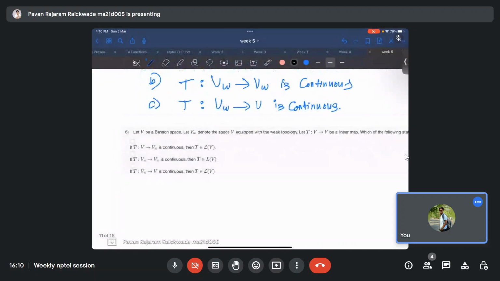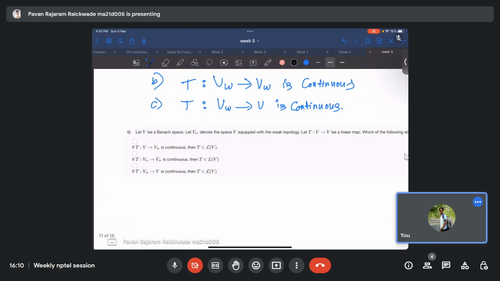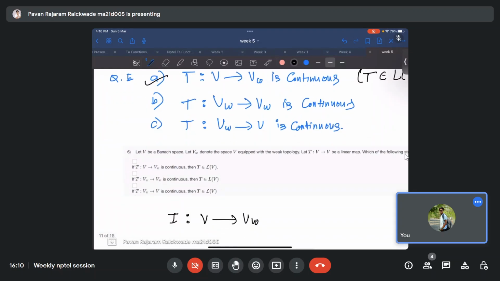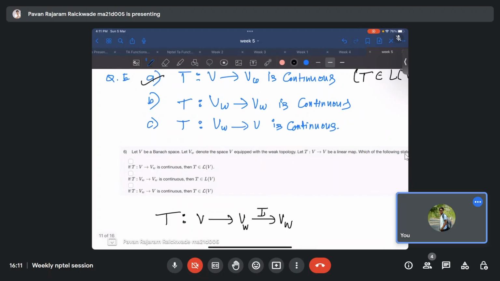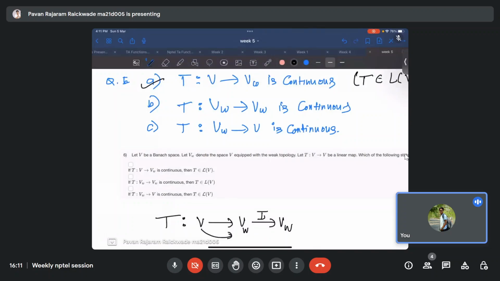So by the same logic, right now we have proved that from V to VW T is continuous, and from VW to VW identity is a continuous mapping, right?